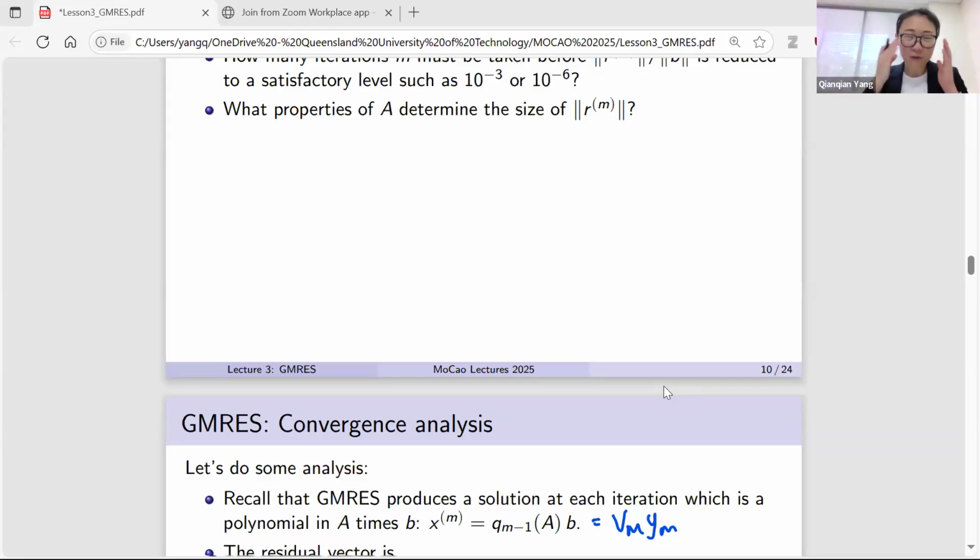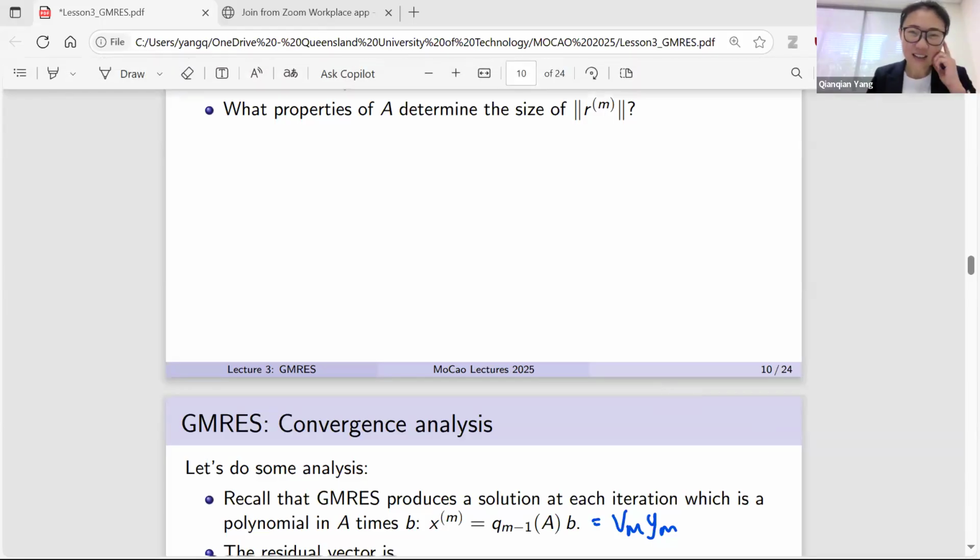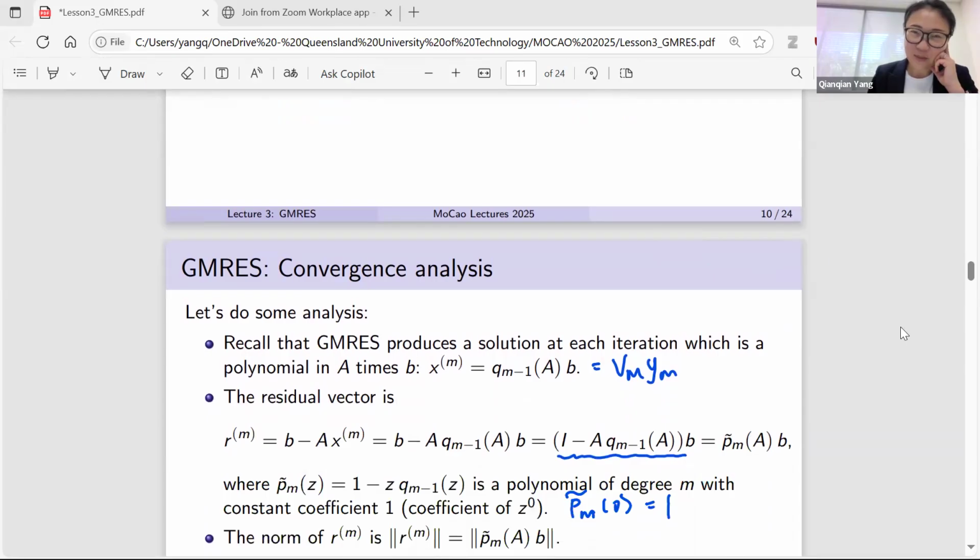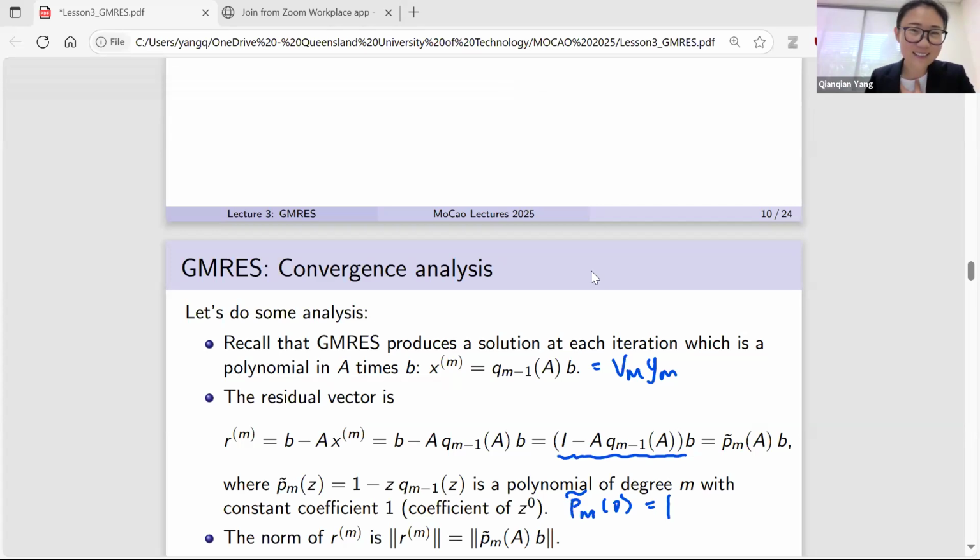So if you can't afford to have a large V_m, then what can you do, right? That's called a restarted GMRES. We're going to cover a little bit of that, to try to tackle problems like you just asked. We may talk a little bit more tomorrow on that. Thanks very much.